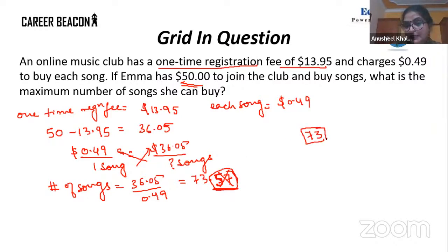So we are applying a bit of logic here as well, right? If you put the answer as 74, then Emma doesn't have enough money to buy 74 songs because she can only buy 73.57 songs, right? But yes, she can definitely buy 73 songs and she will be left with some cents, right? So the correct answer for this question would be 73, right?